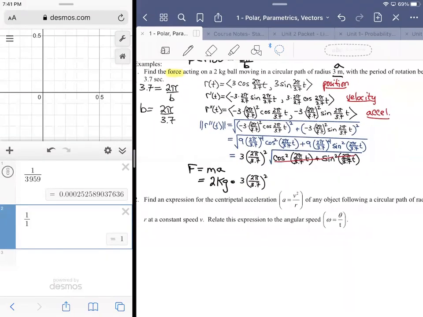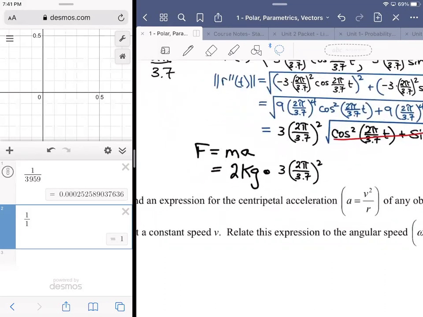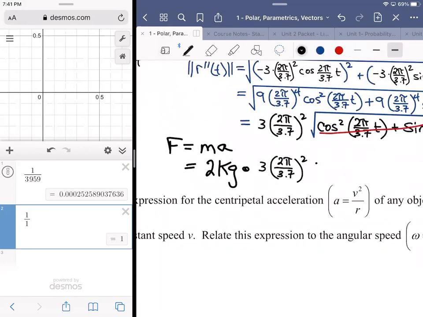Now, the units that go along with that, they told us it moves in a circular path of radius 3 meters with a period of rotation being 3.7 seconds. So meters per second, that would be for velocity. Now, this is for acceleration, the meters per second squared.